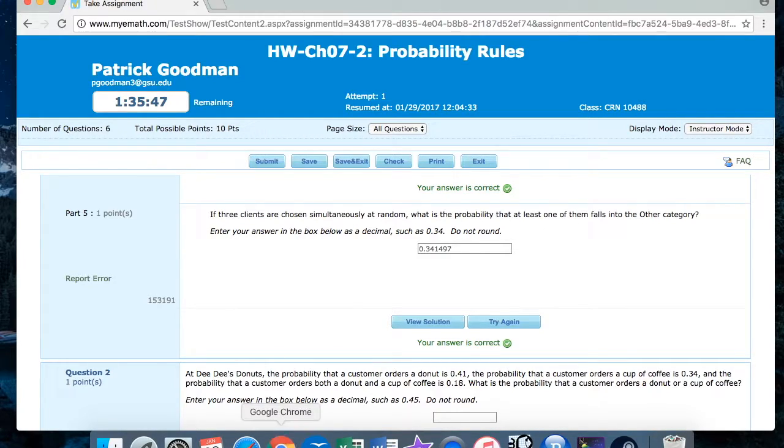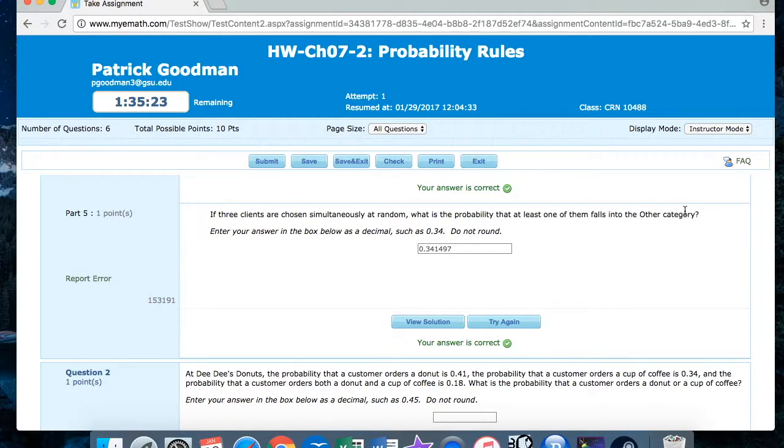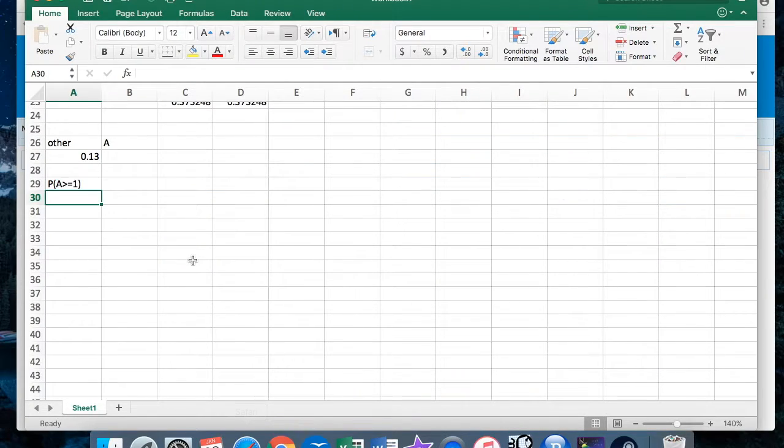So that would look like this, right? Let's just say A is this event. So the probability of A is greater than or equal to 1, right? This is saying A is the event that we get at least one person that falls into the other category. So this is the probability that A has at least one.